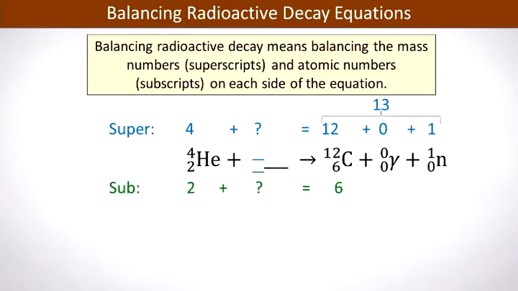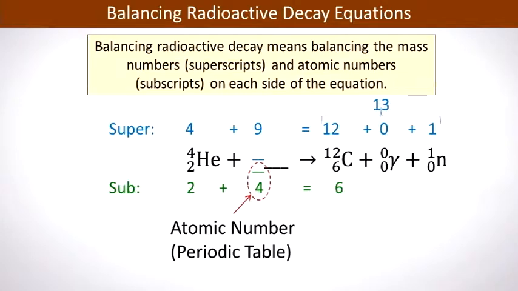For the subscript, which represents the atomic number, we have 6 on the right side of the equation and only 2 on the left side. So we balance these by doing the arithmetic. We discover 9 over 4.